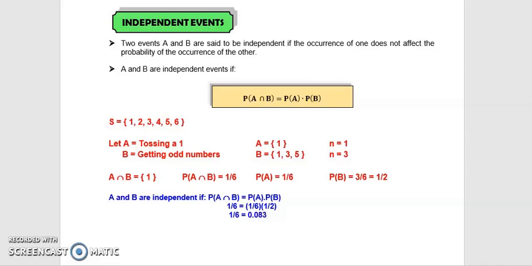And 1 over 6 is equal to 0.167. If you want to write in decimal points also, no problem.